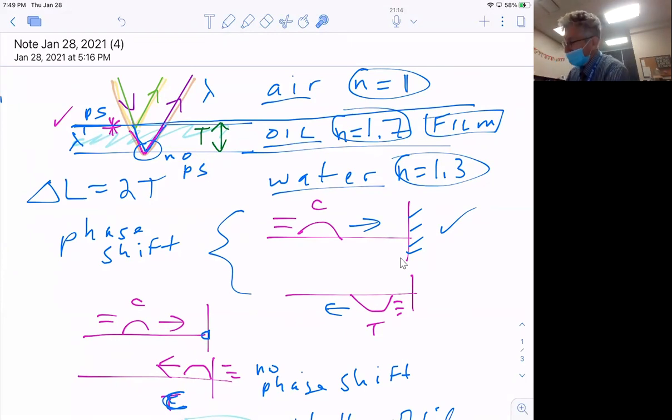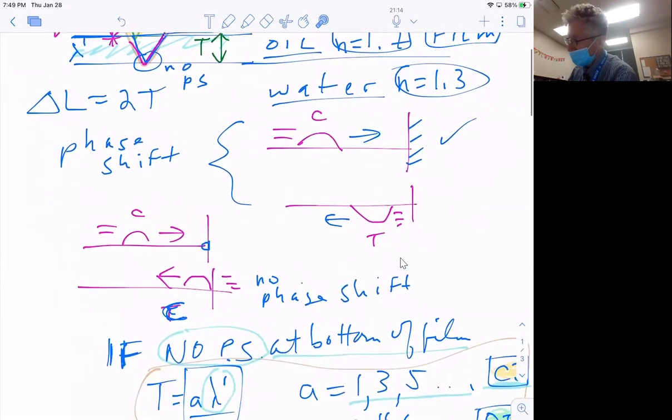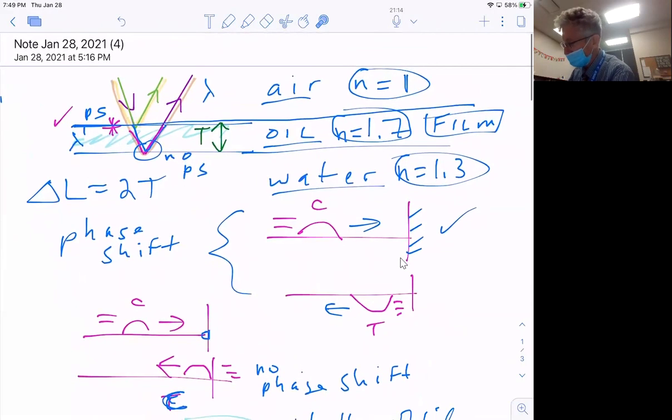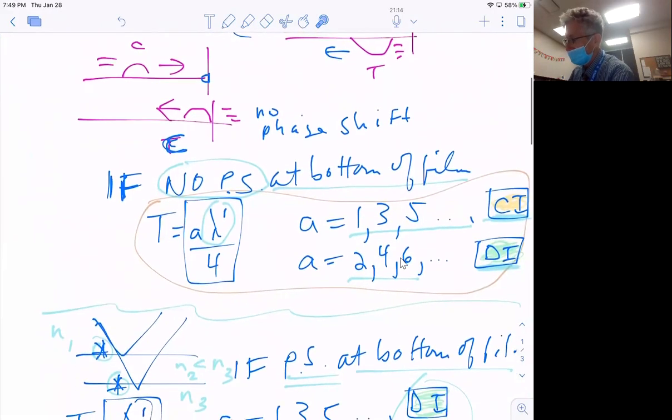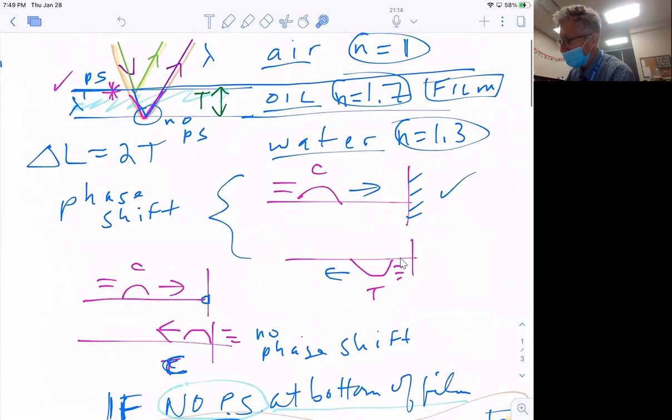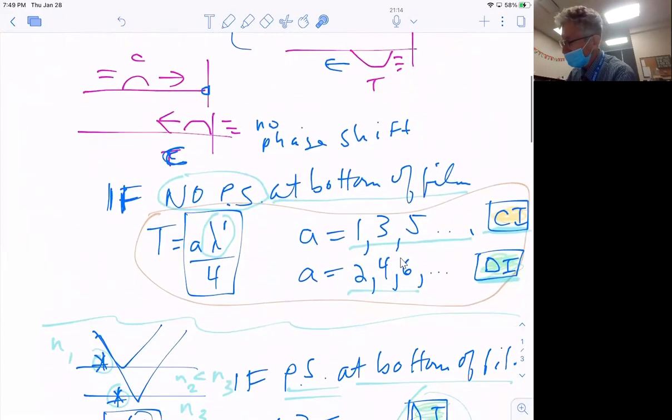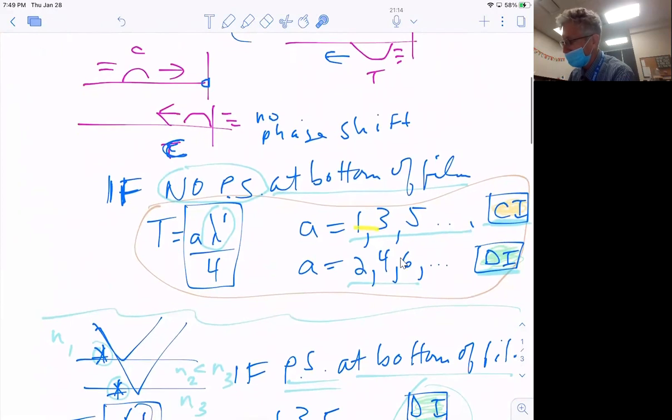If there was a phase shift, I'd have to indicate it. I'm focusing on the phase shift on the bottom of the film when it reflects. That's the only one I really care about because you'll always have a phase shift coming from air into a higher n medium. Once you identify that asterisk, you use this equation.